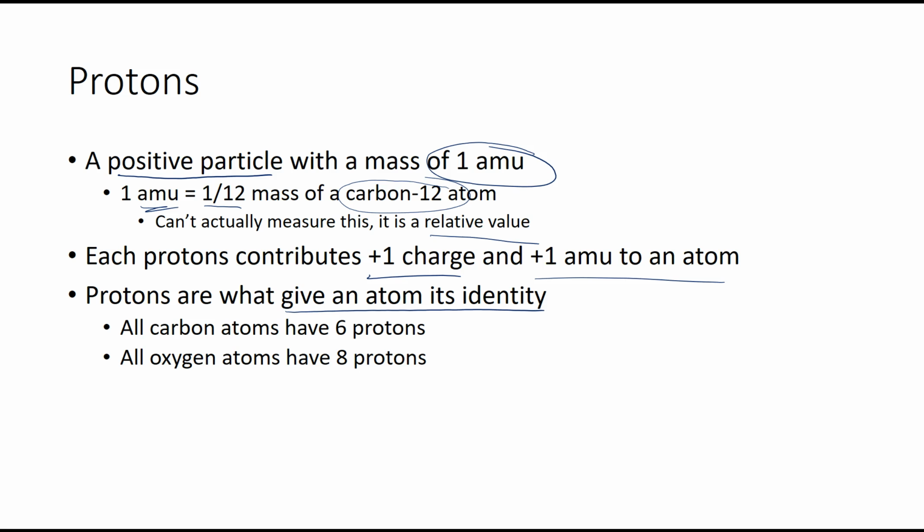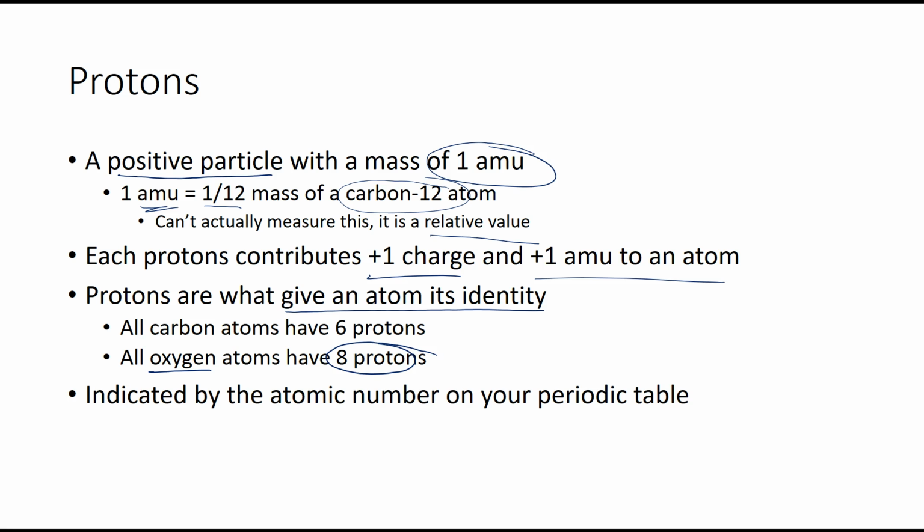It might have 7 or 8 neutrons, and it might be ionized to gain or lose electrons, but all carbon is going to have 6 protons. If it doesn't have 6 protons, it is not carbon. Likewise with oxygen. All oxygen atoms have 8 protons. If it doesn't have 8 protons in the nucleus, it is not an oxygen atom. It's an atom of something else. So that's what I mean when I say protons are what give an atom its identity.